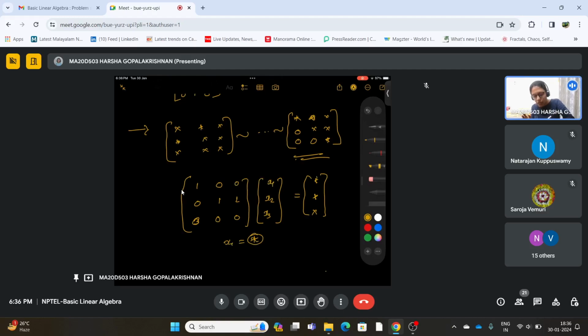Whatever the value here, x1 equals that value, and x2 plus x3 equals some other value. So whatever that value is, we get x2 plus x3. Whatever the bigger system of equations, it is equivalent to this system of equations.